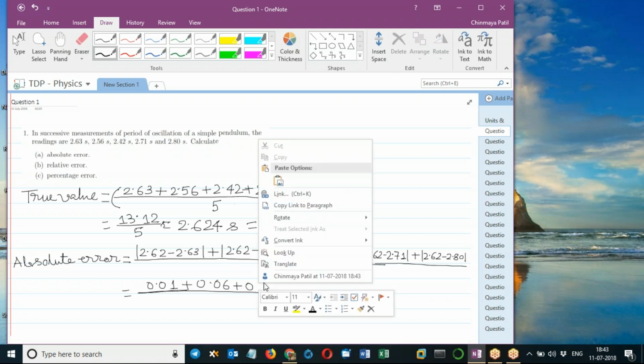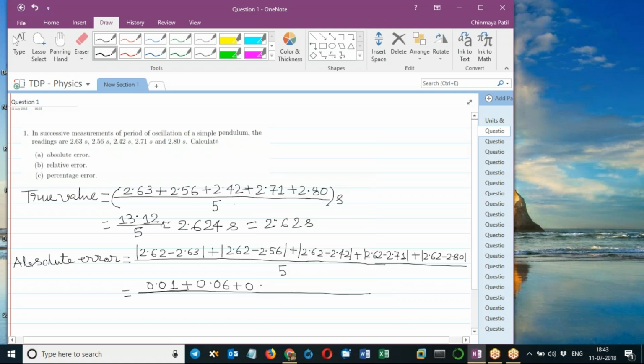The first one is minus 0.10, correct, but it is a mod value. Mod value means it is a positive value. So we'll take the non-negative value, and then the last one is 0.18.